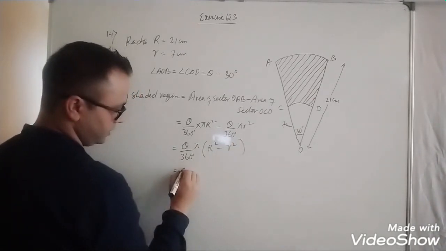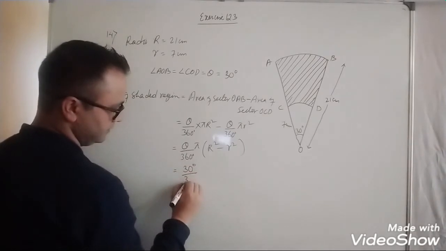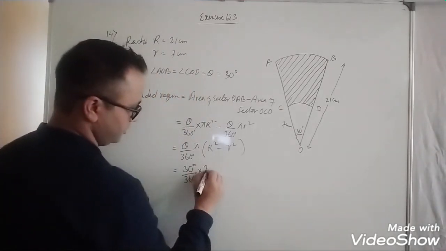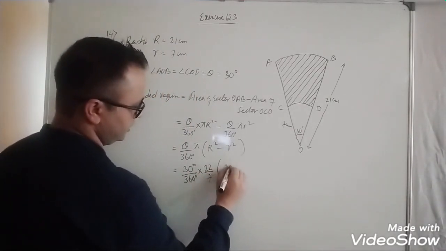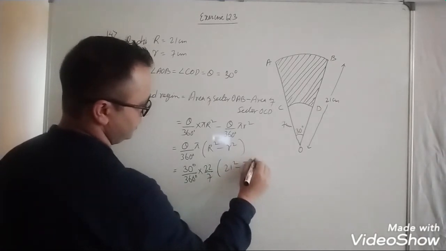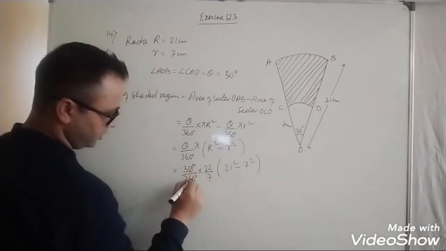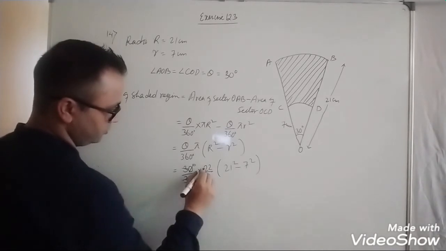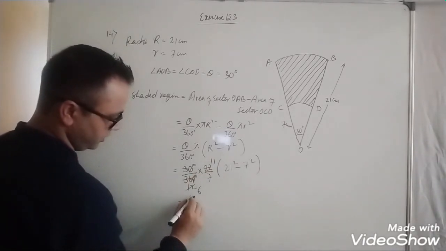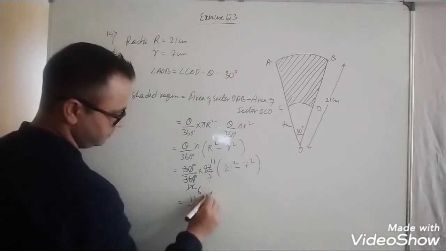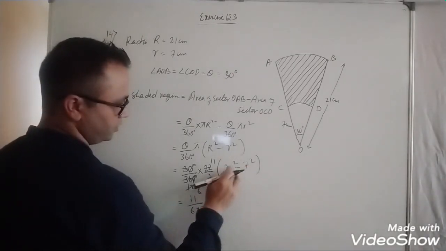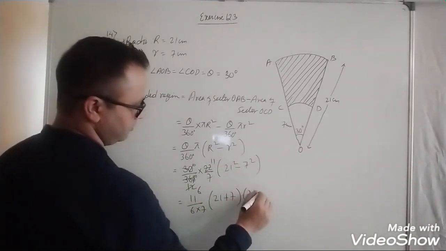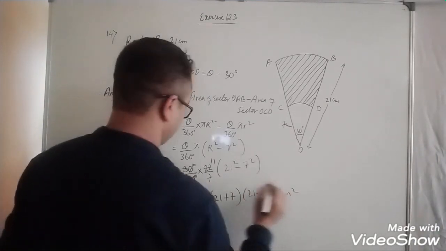Theta is 30 degrees, so 30 by 360 into pi, which is 22/7, into 21 square minus 7 square. We can write it in the form a square minus b square, which is a plus b into a minus b: 21 plus 7, 21 minus 7 centimeter square.